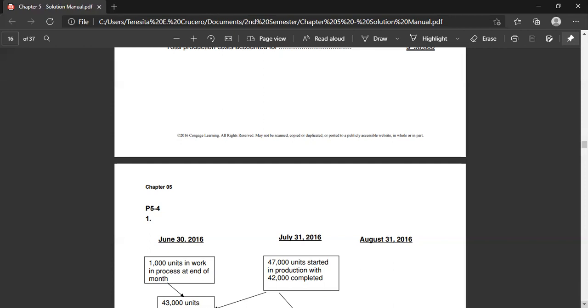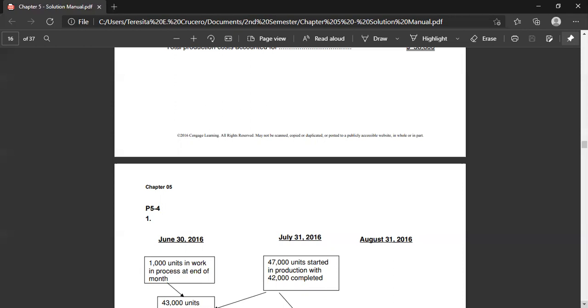So with the 42,000 units completed plus the 1,000 units in the beginning inventory. Here, the ending inventory was two-thirds complete by the end of July. So in other words, if we have 1,000 units, add 47,000, we now get a total of 48,000 units.